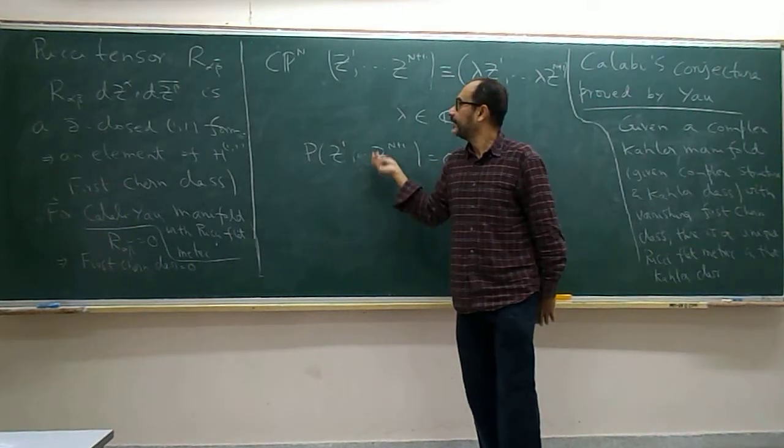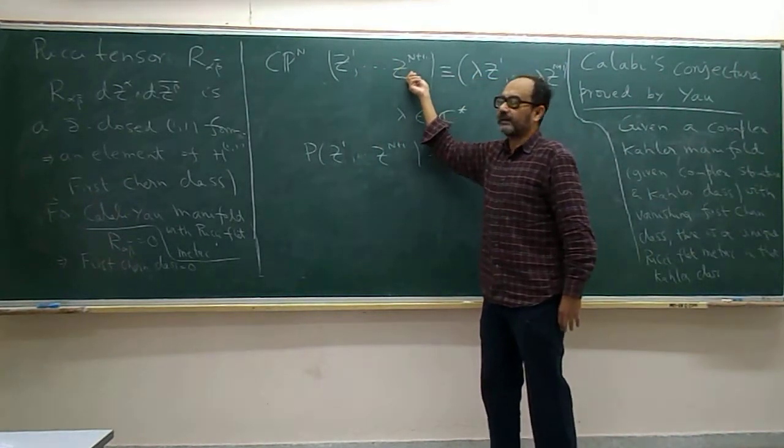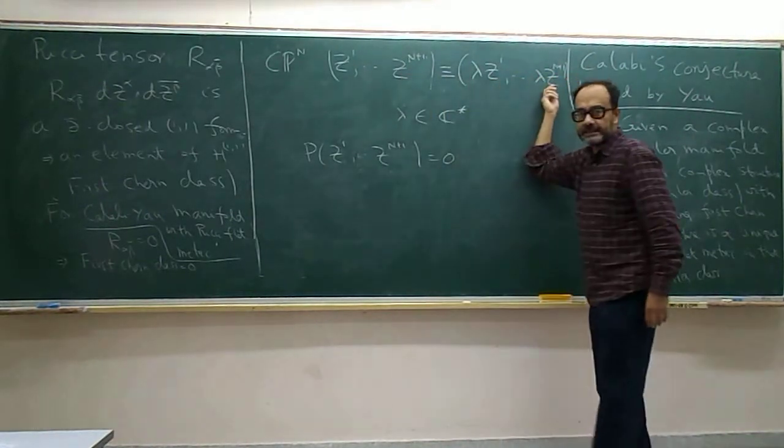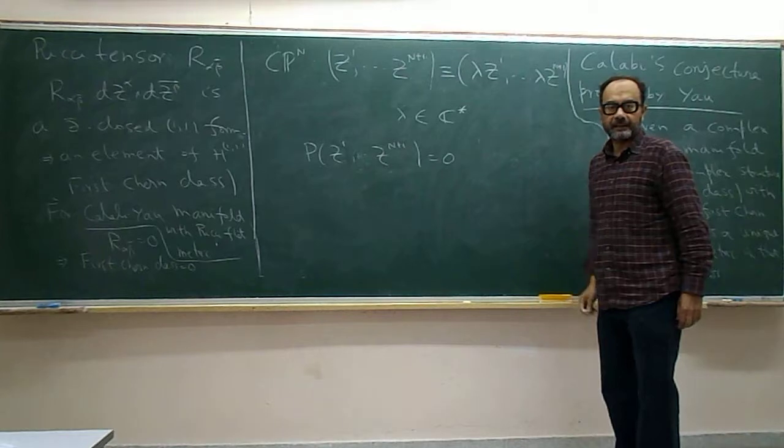Otherwise, if you have one representative z1 to zn+1 and another representative which is lambda times this, they will describe different conditions.